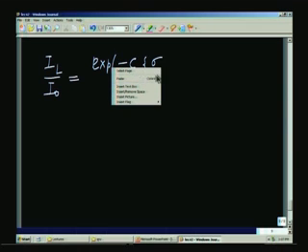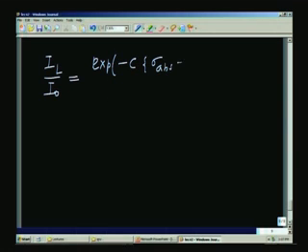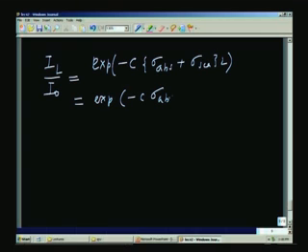I_L by I naught, the ratio of the two intensities, equals exponential of minus C, the concentration, multiplied by sigma absorption plus sigma scattering, multiplied by L, and this can be written as e to the power of minus C sigma absorption L, multiplied by exponential of minus C sigma scattering times L.